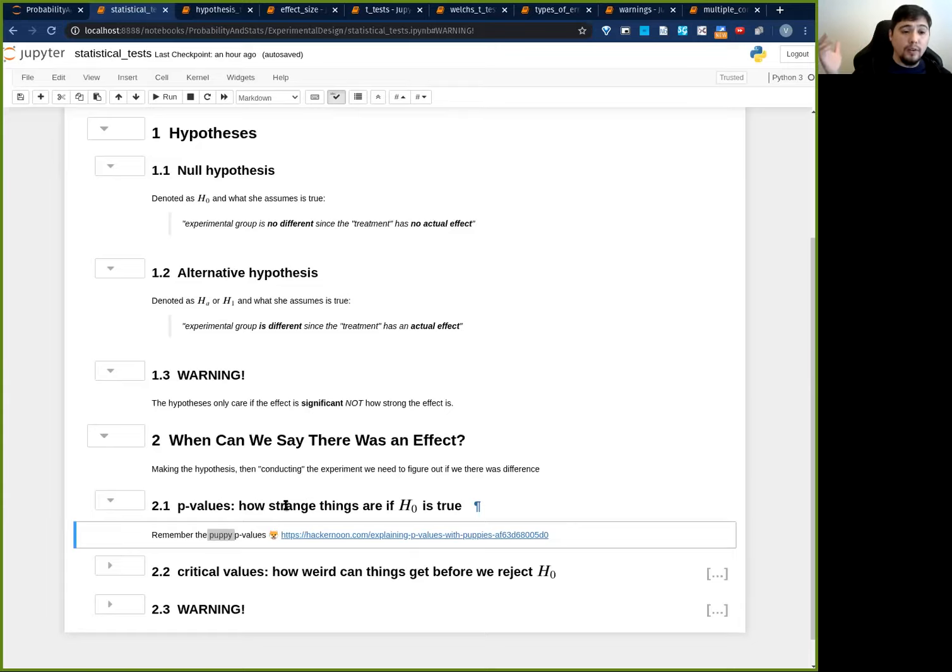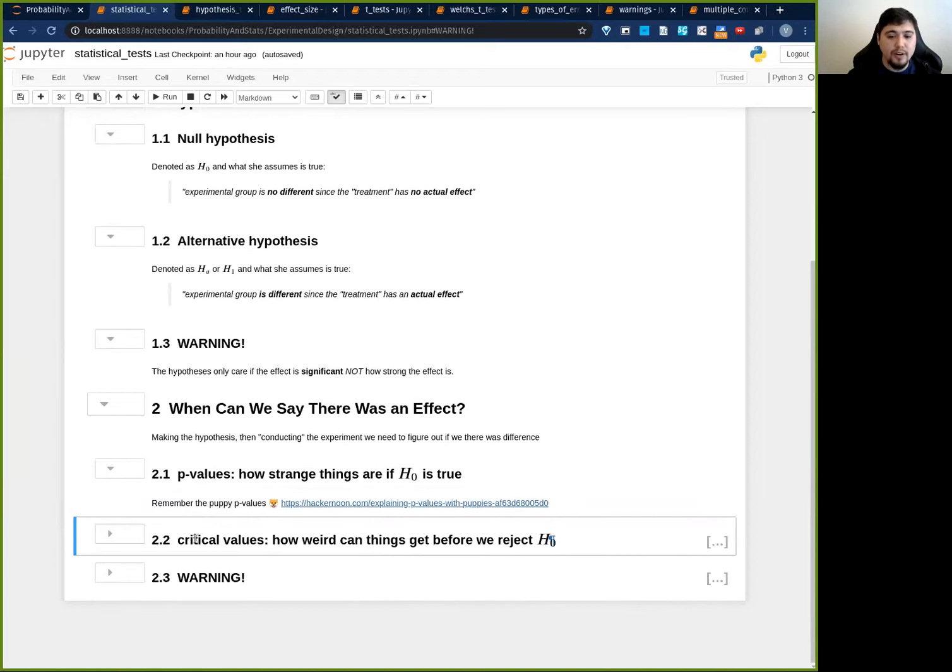The null hypothesis is that the dog didn't do it. Well, how strange would things have to be for the dog to not have done it? You can think of a whole bunch of contrived scenarios. That p-value is very, very small because it's very unlikely that the dog didn't do it, based on the evidence you have. This is basically your test, the data you have. So that's the idea of a p-value.